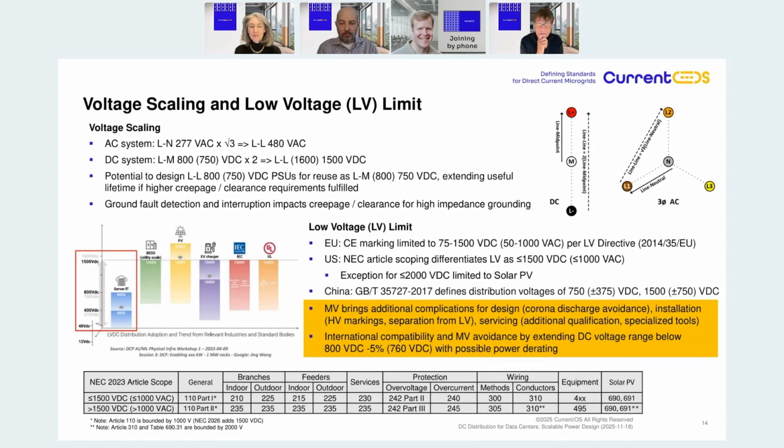In a DC system, you instead have this factor of 2 between a midpoint. And this becomes important if one considers the possibility to reuse at least certain elements of the design into the future in, say, a plus minus 750 type of scenario. So why does that matter?